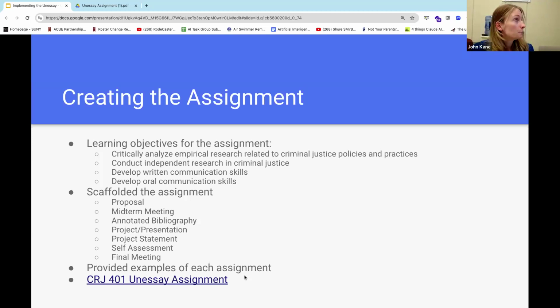But they were also required to really get into the details of what this project would entail, what kind of timeline they were looking at in order to engage in this project, what the presentation was going to be like, what the outcomes and outputs of this project were, and how they believed this project was going to meet the 4 learning objectives that I had set out for this Unessay.